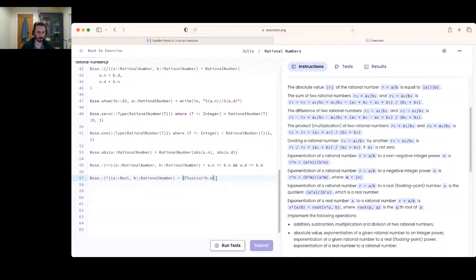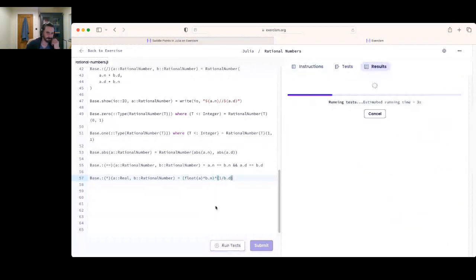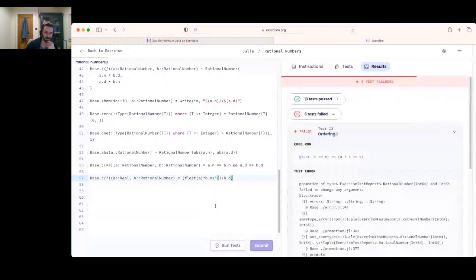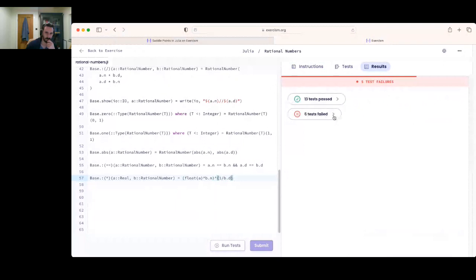So it's the power of 1 over the denominator. Let's give it a go. I've probably broken it. I'll probably get lots of errors, and that will just have to be how I end today. Oh, look at that. We've just got ordering left. Beautiful.